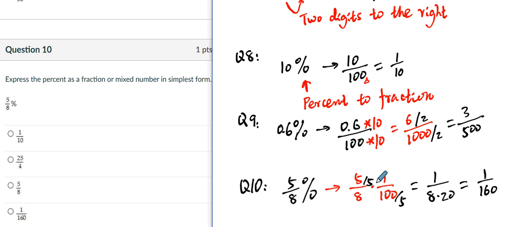So 5 divided by 5 is 1, times 1, you have a 1. 100 divided by 5 is 20. And then 20 times 8 is 160. So the numerator is 1, the denominator is 160. And this will be our choice. Okay? All right, I'll see you next time.